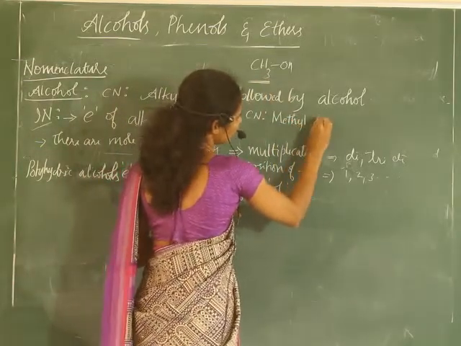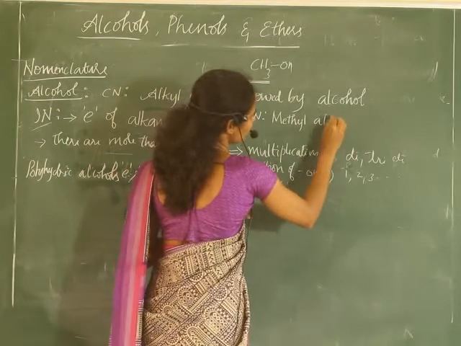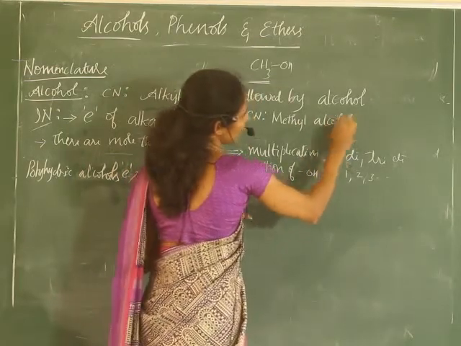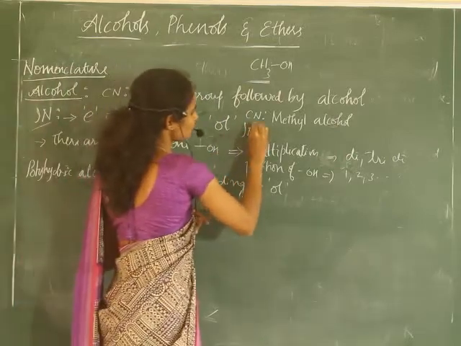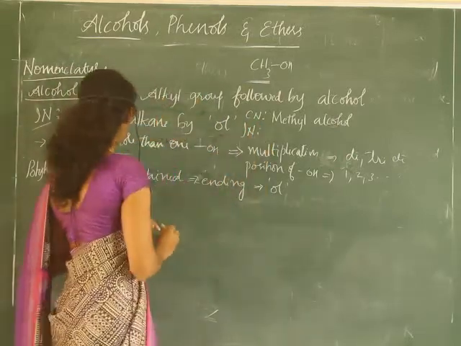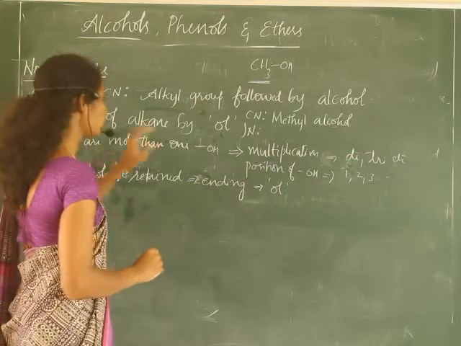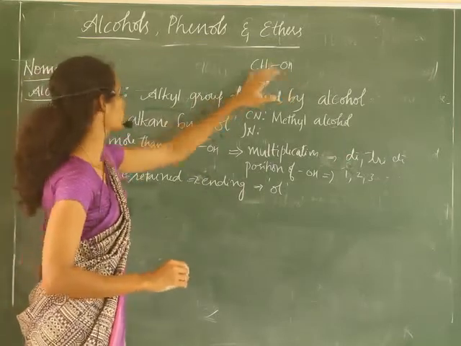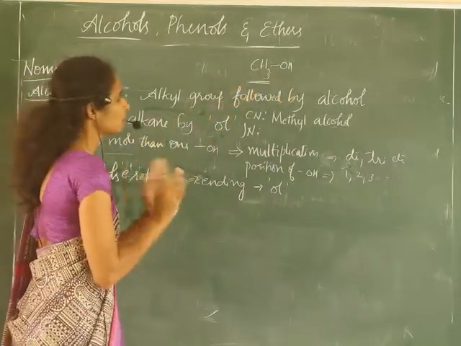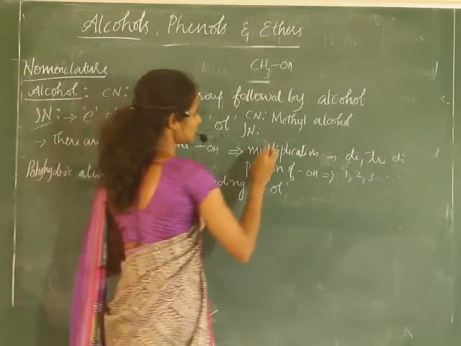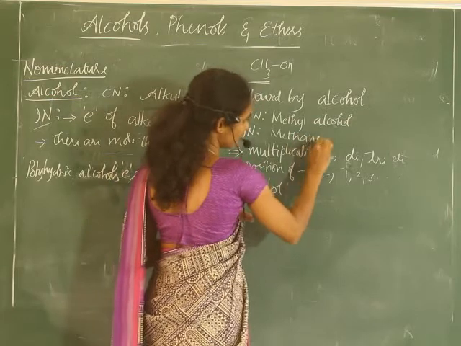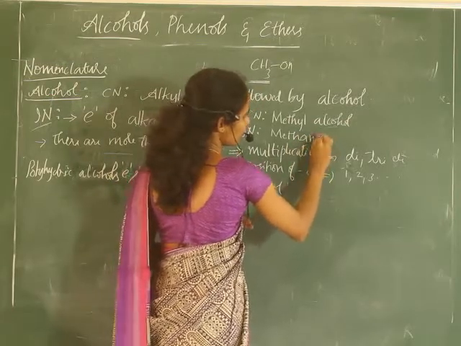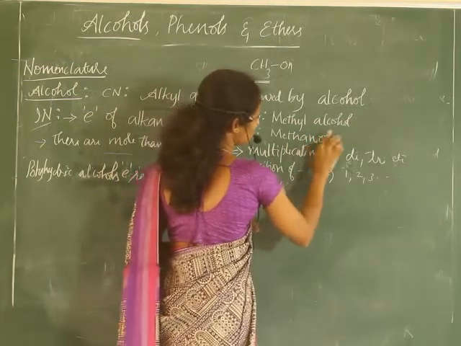Methyl alcohol. In the IUPAC system of nomenclature, if it is a monohydric alcohol, only one OH group is there, hence we should replace E by ol. The alkane is methane, we replace this E by ol, right? Methanol.